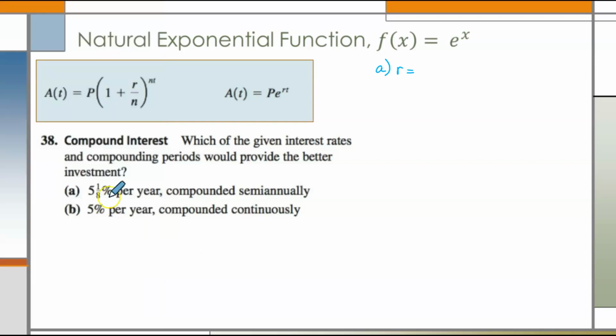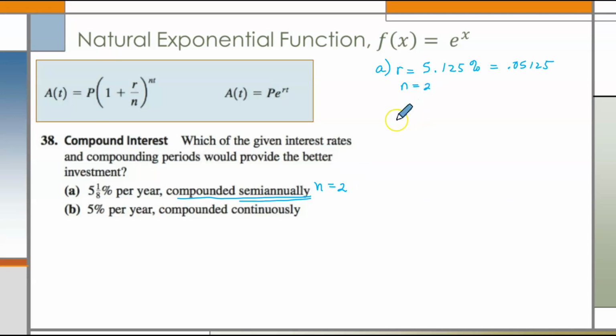Okay, so 5.125% or 0.05125 in decimal. Okay, compounded semi-annually. Semi-annually is a key word for N. N is going to equal 2.